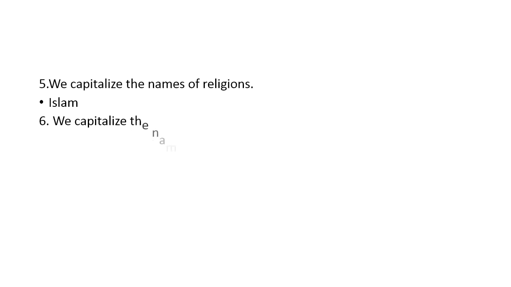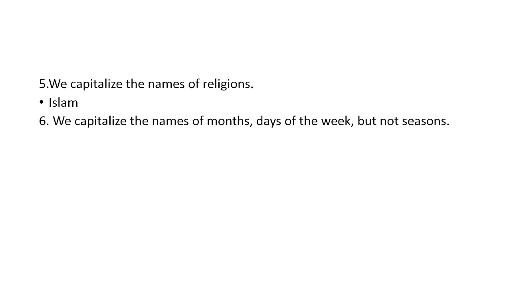Sixth, we capitalize the names of months and days of the week, but not seasons. The autumn season and winter season are not written in capital letters, but days of the week like Monday, Tuesday, and months like January, February, are all written with a capital letter.